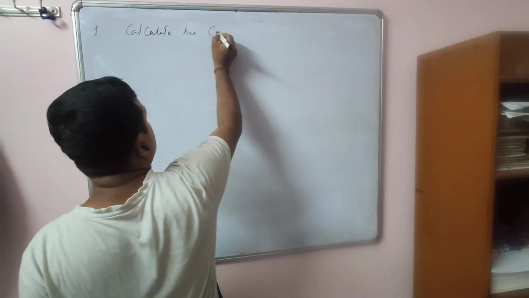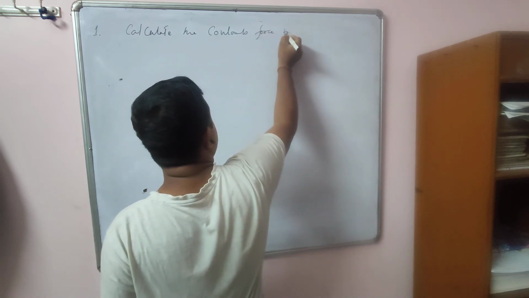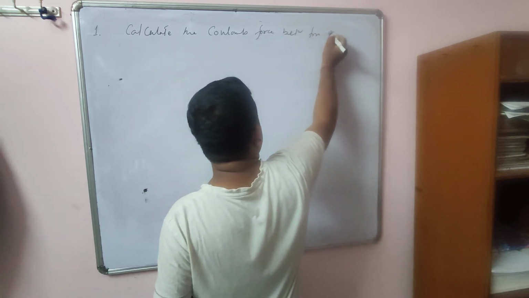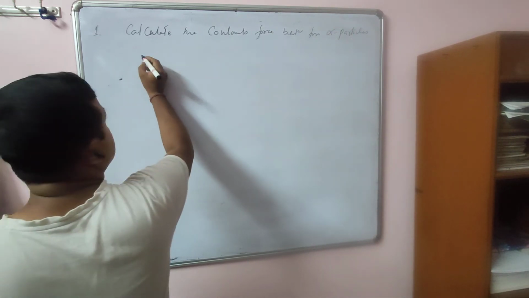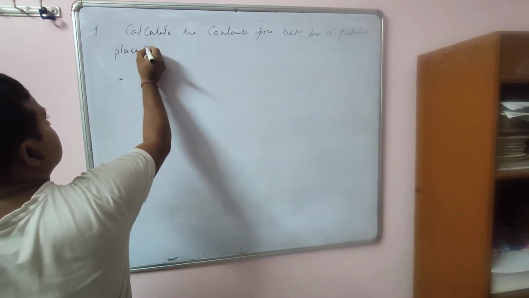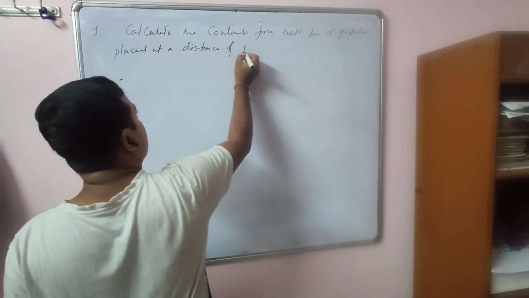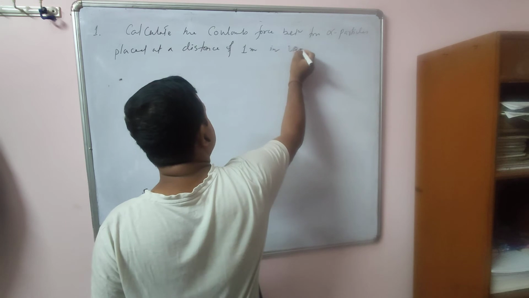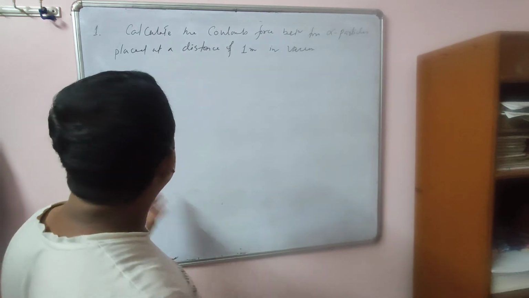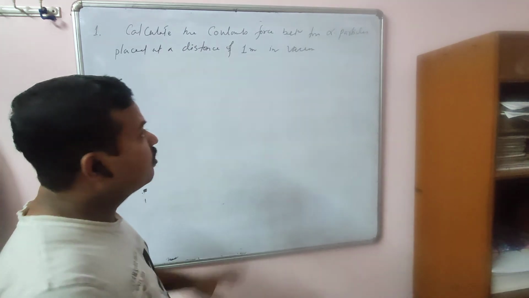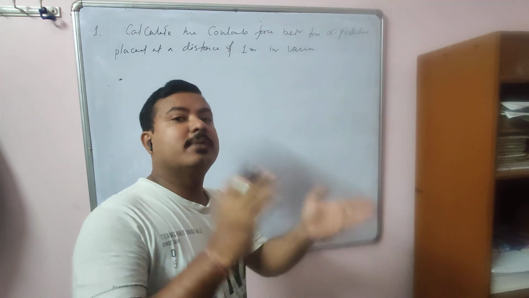Calculate the Coulomb force between two alpha particles placed at a distance of 1 meter in vacuum. So here only two charges are there, so you need to apply the superposition principle. If there are more than two charges, then only apply the superposition principle.